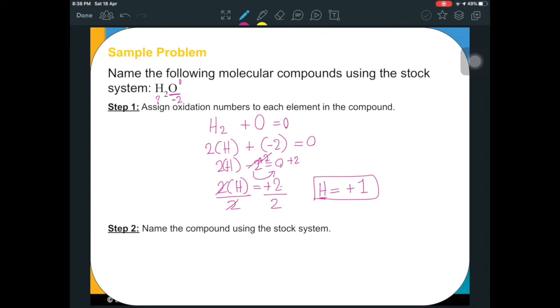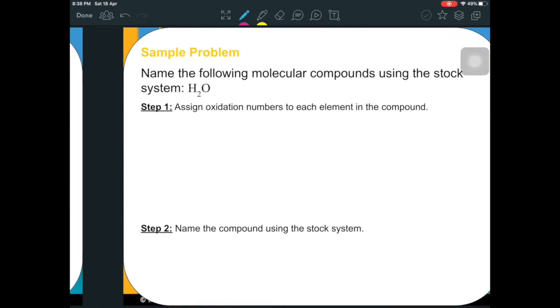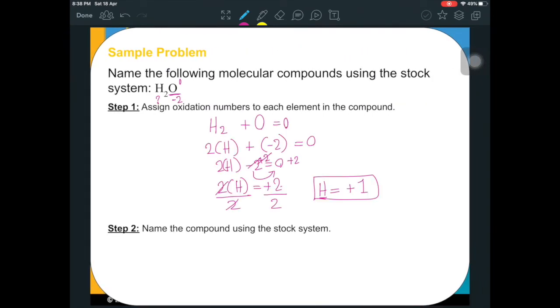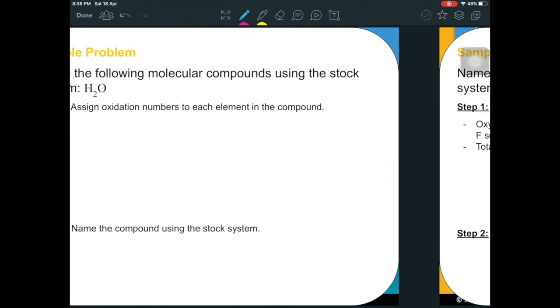So now I know that I have hydrogen with an oxidation number of +1 with an oxygen. So my name, if I'm following these rules, is going to be hydrogen 1 oxide. So hydrogen 1 in Roman numerals, oxide. That's just another fancy way to write water, okay?